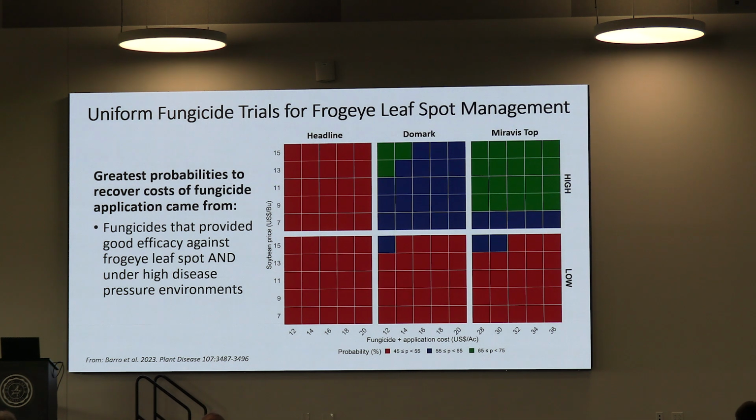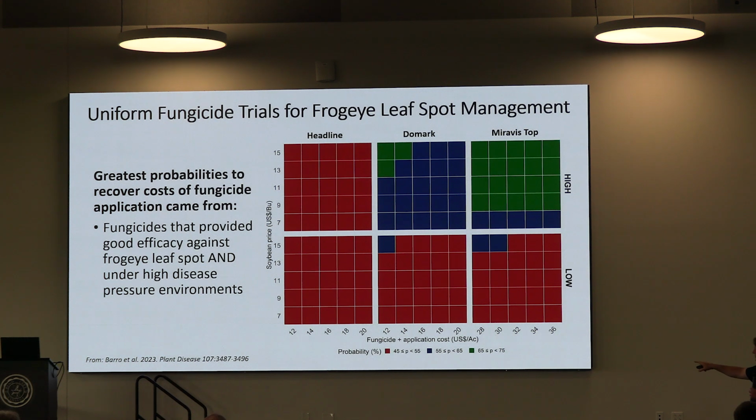And this is similar to what I showed you earlier. We're just looking at 3 products here, but this is looking at the probability of recovering your cost, of breaking even from that fungicide application. And broken out into different products. So we have Headline, Domark, and Mirvis Top. But then high disease pressure and low disease pressure. So if you look at the bottom, there's a lot of red there.